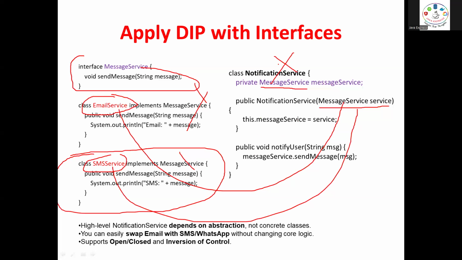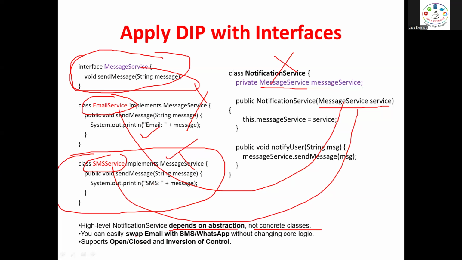Here, the high level NotificationService depends on abstraction, not concrete classes. That is the meaning: high level classes should not depend on low level classes. Instead, we should depend on the abstraction. Here, MessageService is the abstraction for us, and these are the real concrete implementations.